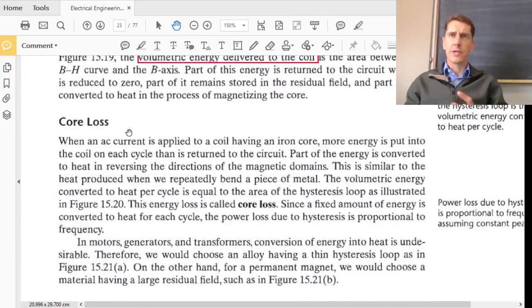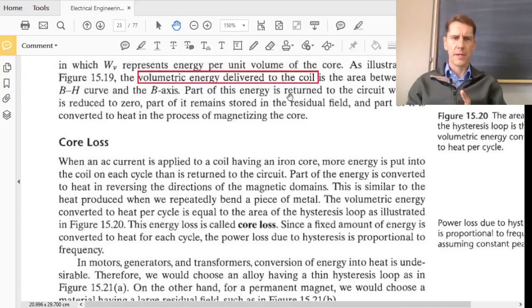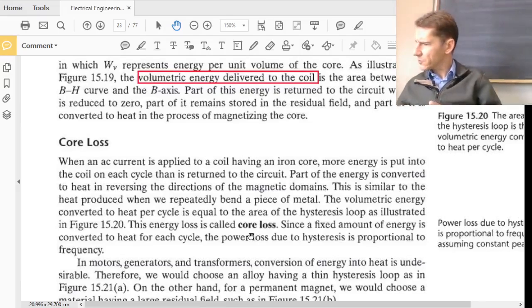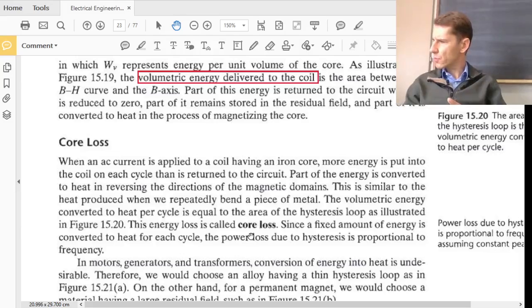Now, this is a correction that you need to make in the next paragraph that we're going to discuss, where we talk about this heat converted in magnetizing the core. Where it says core loss, at those two points, I need you to replace the core.